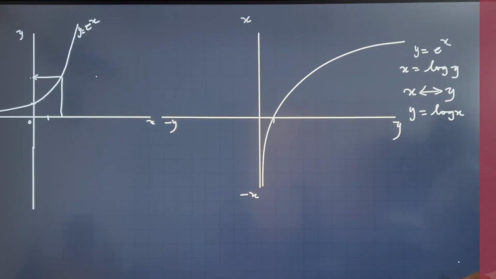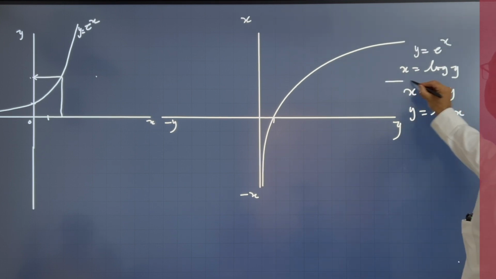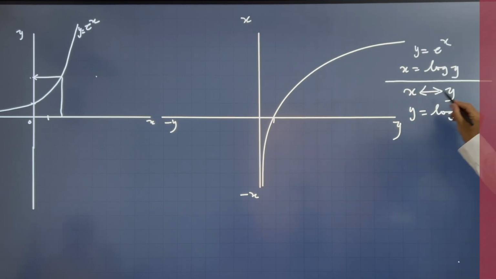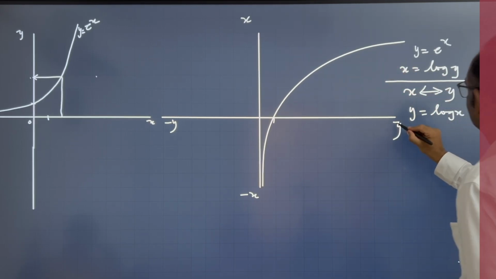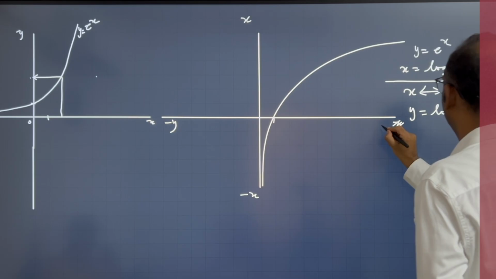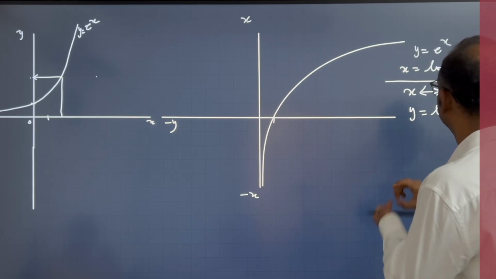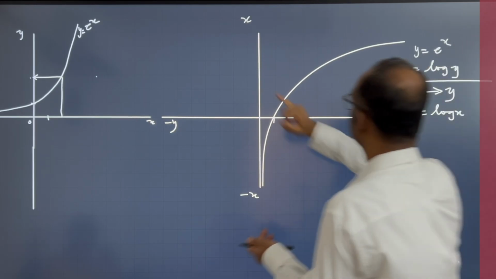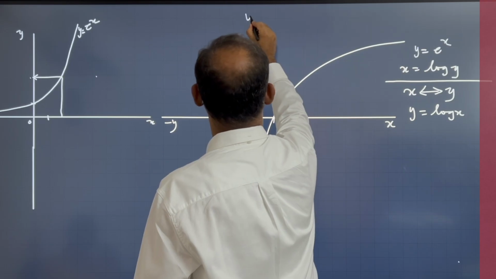I'm just changing the names now. I will call x as y, y as x. Then in that case, this plot which is of x equal to log y becomes y equal to log x. So I can just remove this and call it x. Because I'm changing the names, this is y.